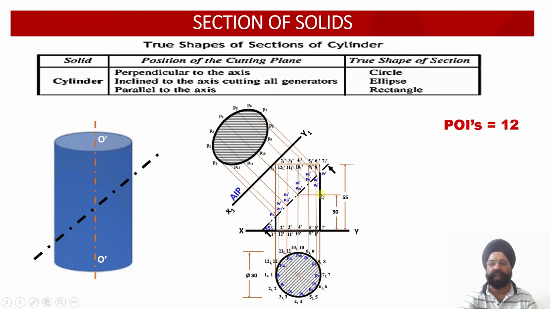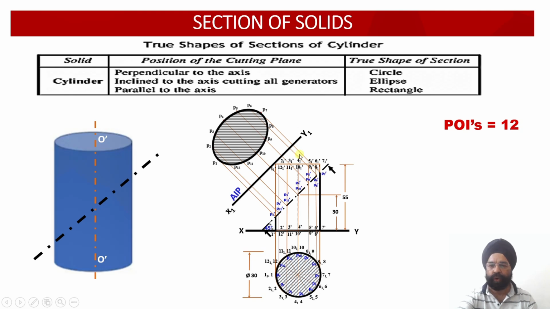The top view obtained will be the apparent shape, and this will once again be a circle. Why? Because all the points of intersection are going to lie on the vertical generators of the cylinder.